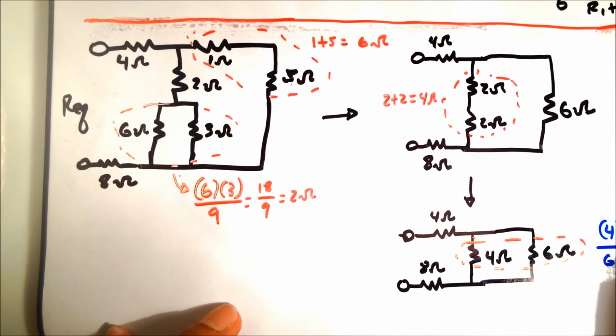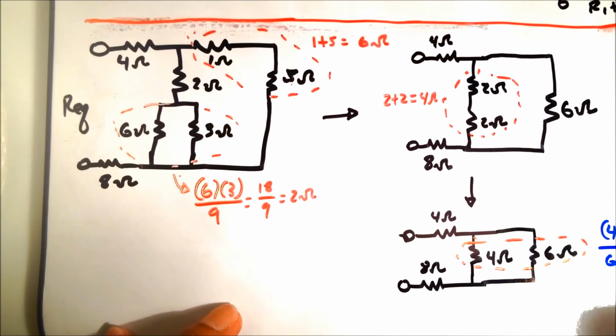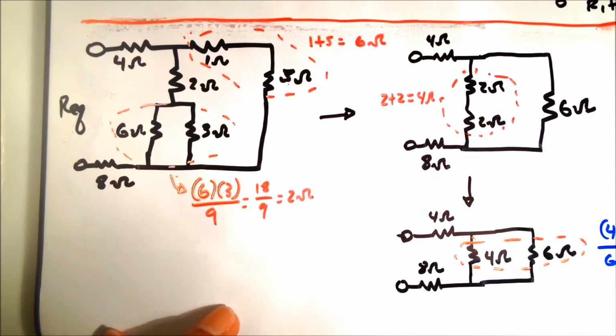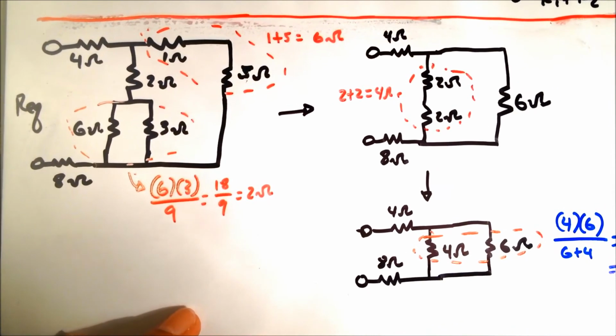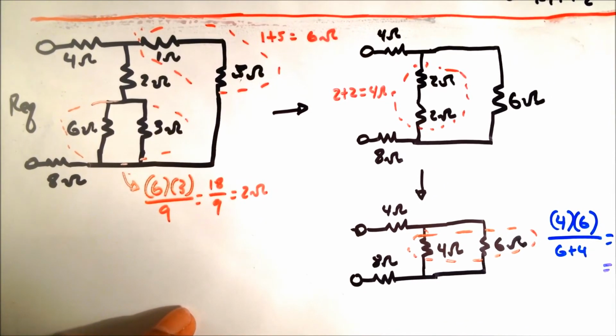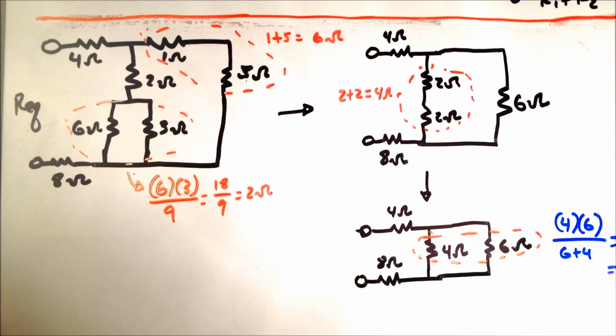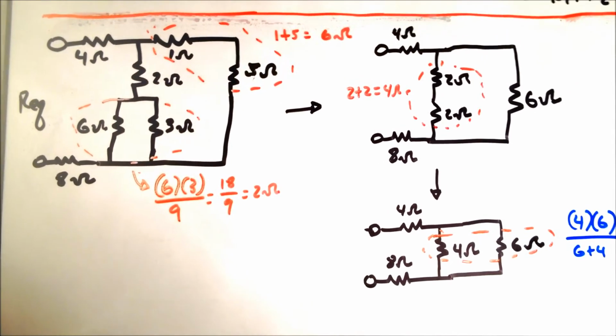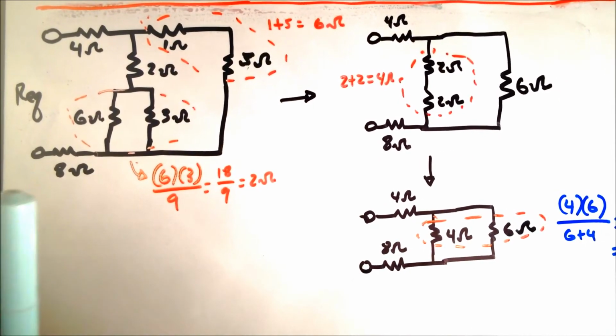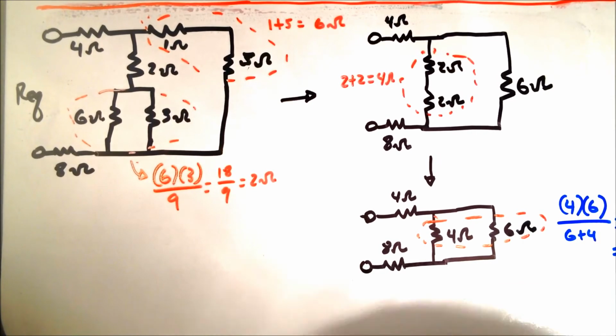That's 24 over 10, which is 2.4 ohms. You can't see that very well, and I'm running out of space, so I guess you have to trust me. That's 2.4. I'll put it down over here.